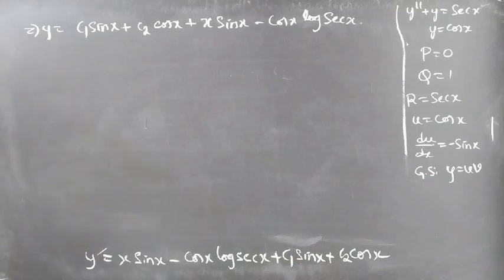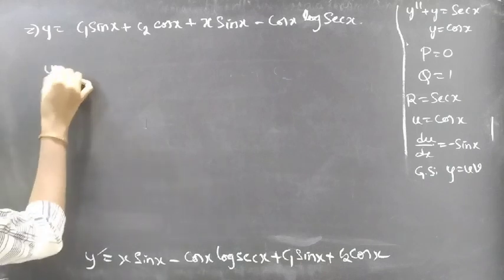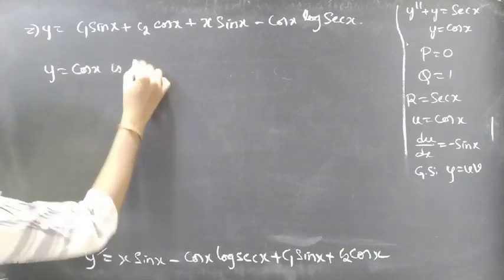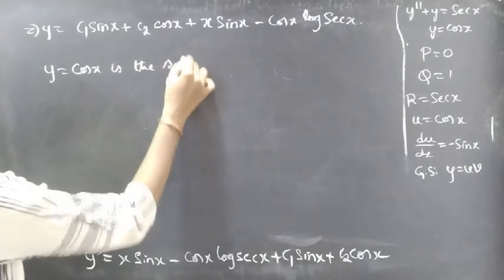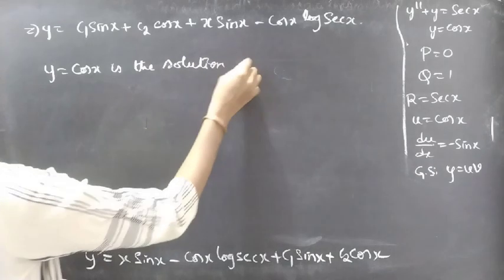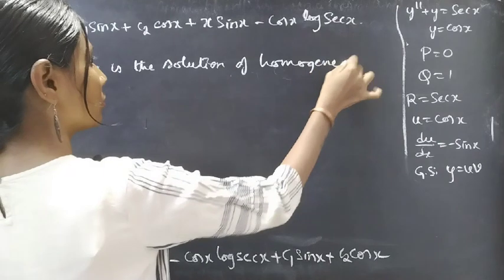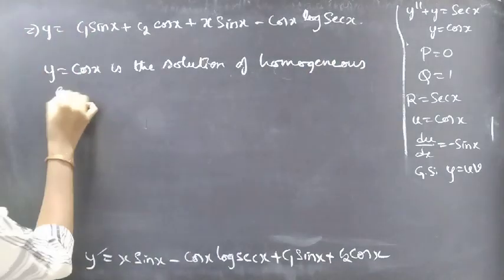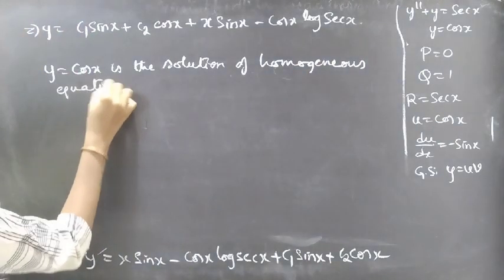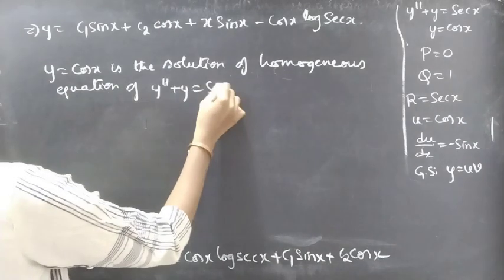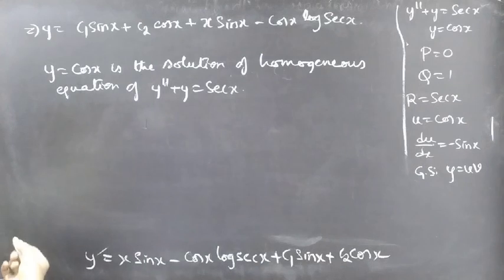Let's now see whether y equal to cos x is a solution of the homogeneous equation of y double dash plus y equals secant x or not.